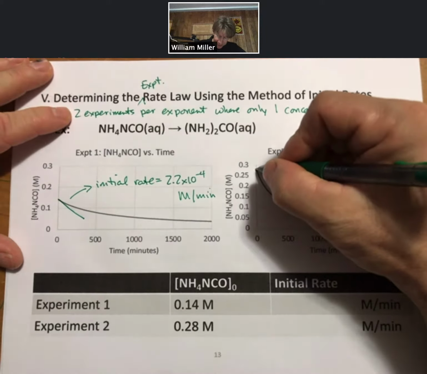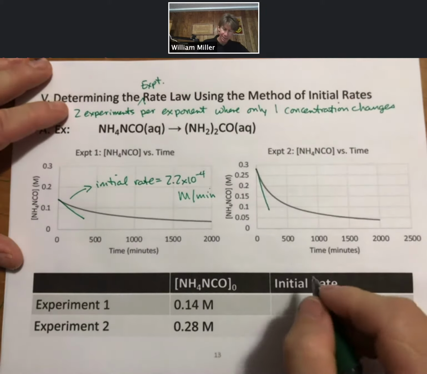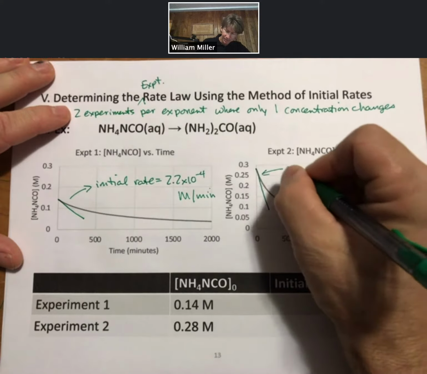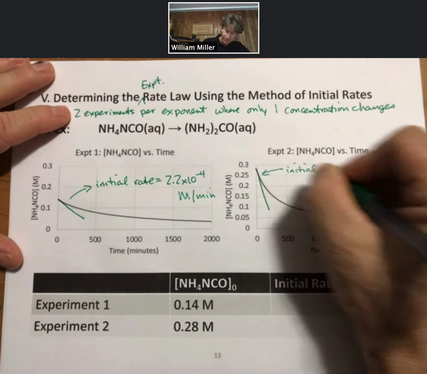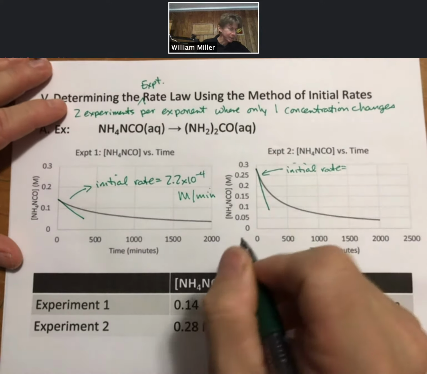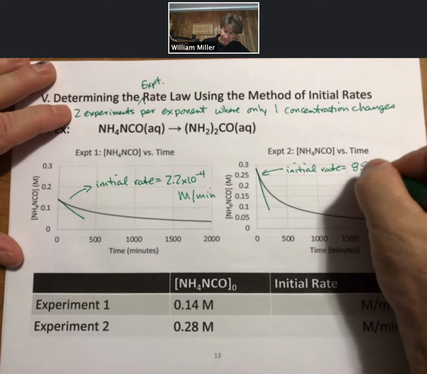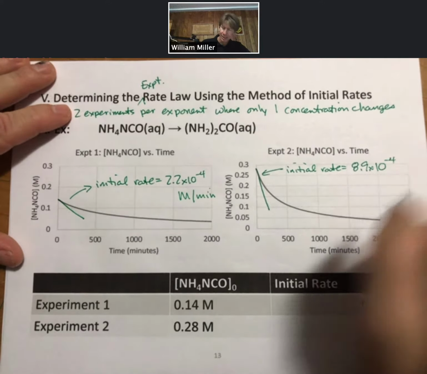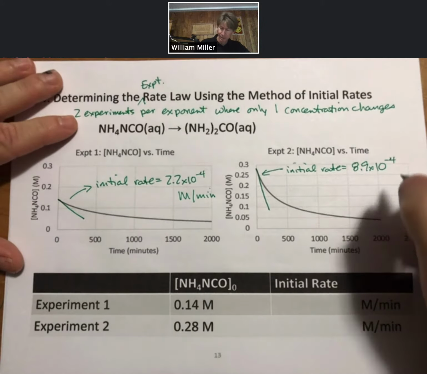If you did the same thing here, we would see that the initial rate was 8.9 times 10 to the minus fourth molarity per minute.